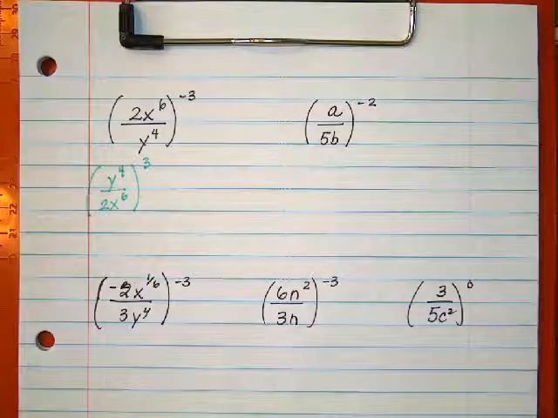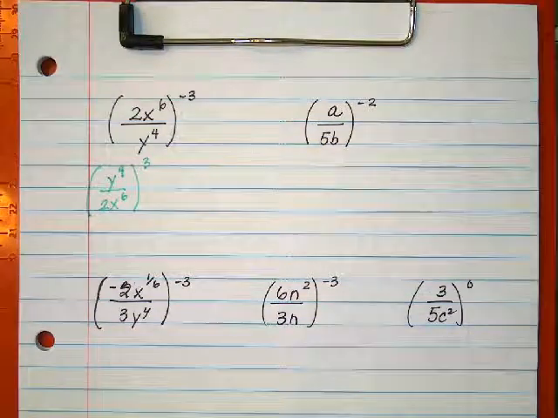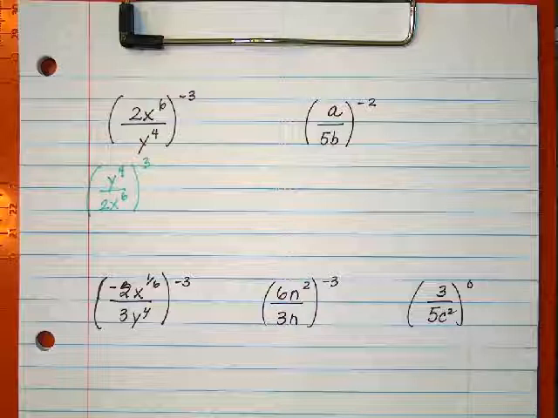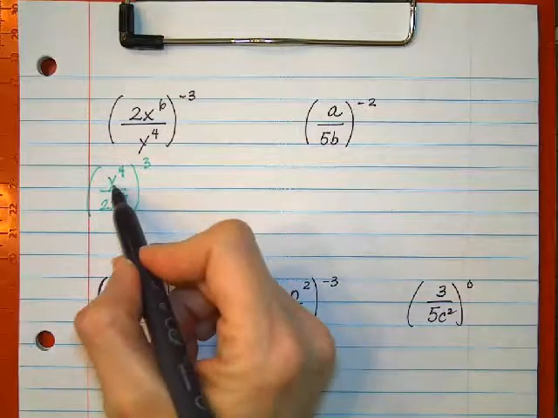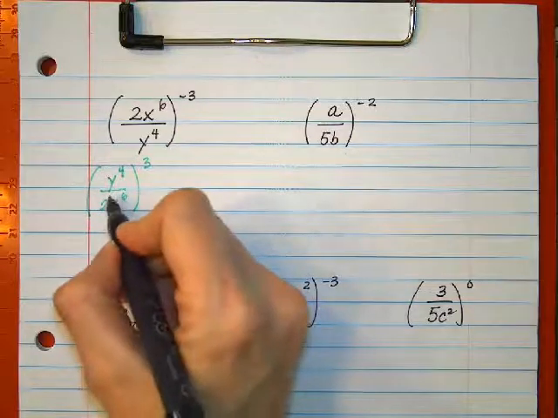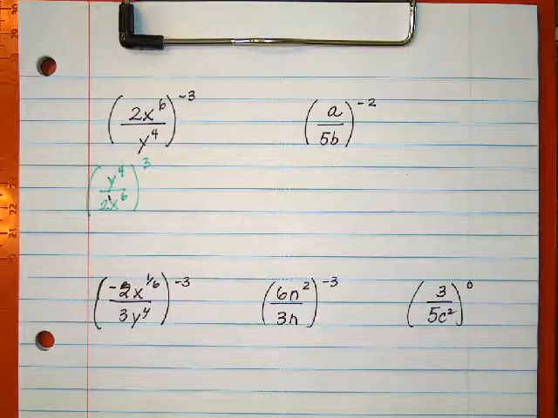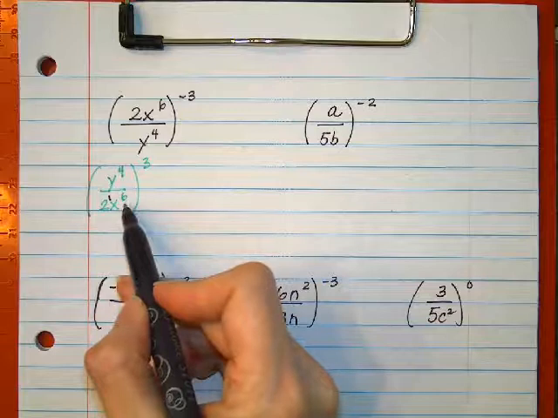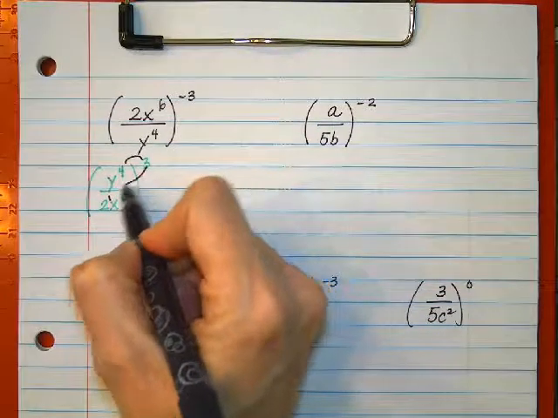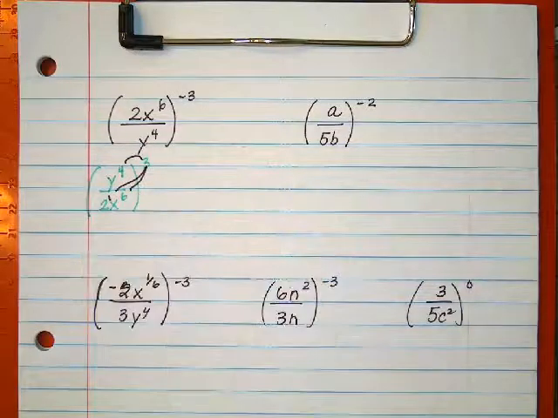So now there we go. Now we don't have to worry about negative exponents anymore as far as multiplying, and it's all taken care of. So we check, our y has an exponent of 4. Our 2, we don't see the exponent, so we're going to go ahead and put an understood 1. And then our x has an exponent of 6. So we're going to multiply 3 times the 4, 3 times the 1, and 3 times the 6.